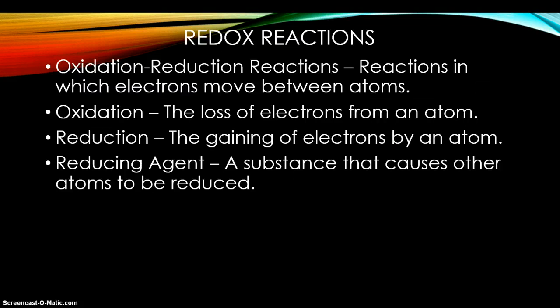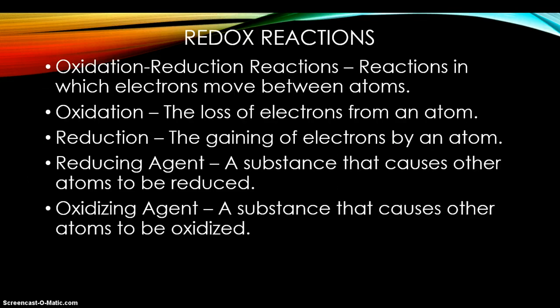And generally speaking, kind of the easy way to remember this, and we'll go into this in more detail: whatever's being oxidized will act as the reducing agent. And kind of the flip to that is true. There's also something called the oxidizing agent, and that is the substance that causes other atoms to be oxidized.